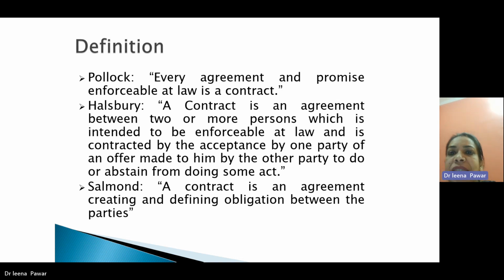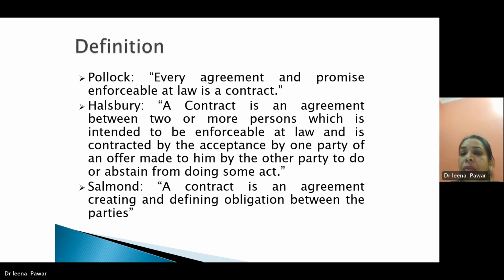In the same way, Salmond defined it as an agreement creating and defining the obligations between the parties. So it is an agreement between two parties which prescribes what the parties will do and what their obligations are towards each other.